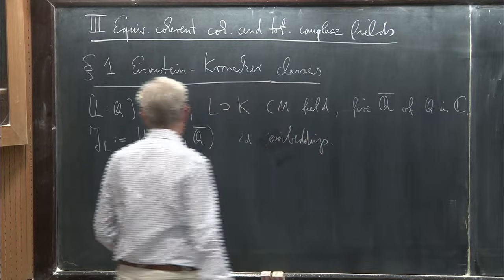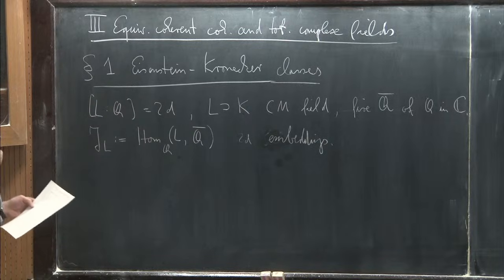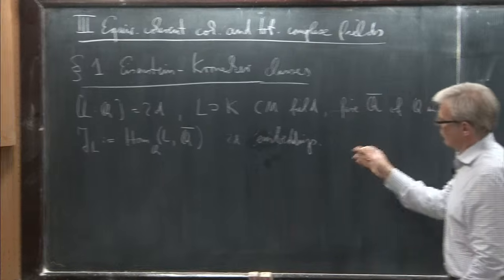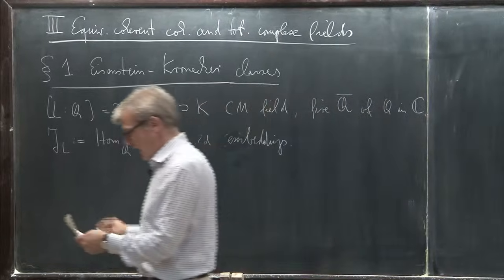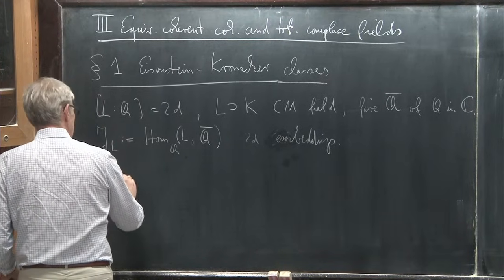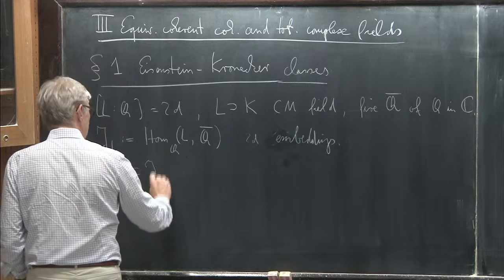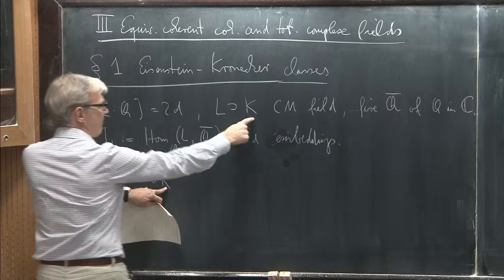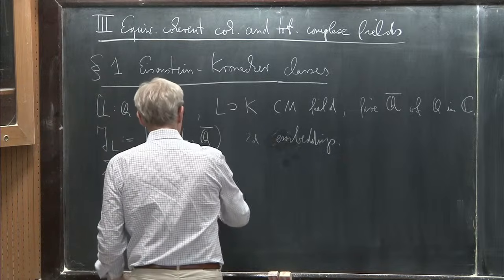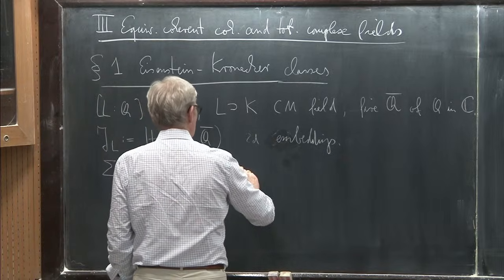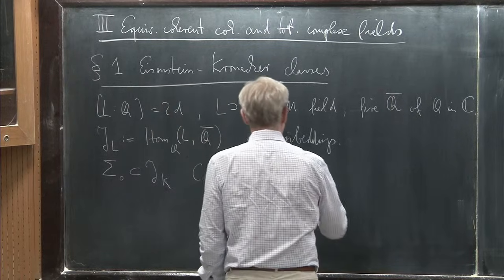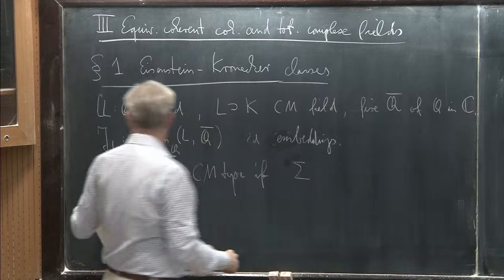And for this theory, it's quite important that you label them in a good way. And for this, you need the notion of a CM type. So we call a subset sigma 0 of J_K, where K is the CM field sitting inside L, a CM type if the following holds.